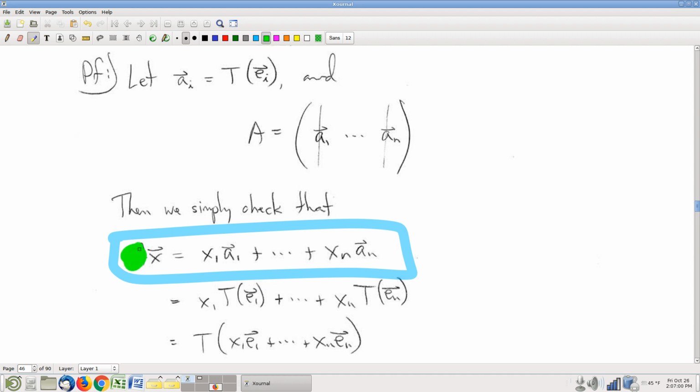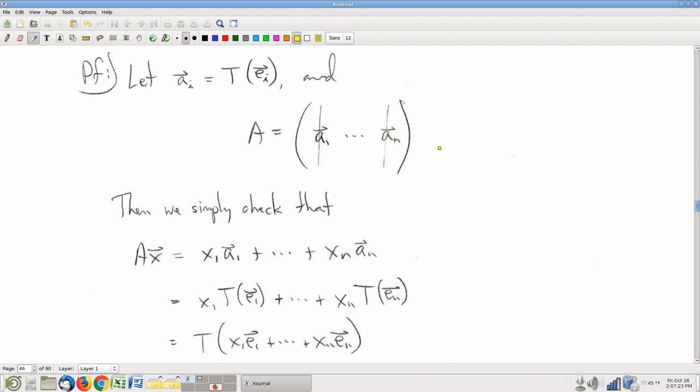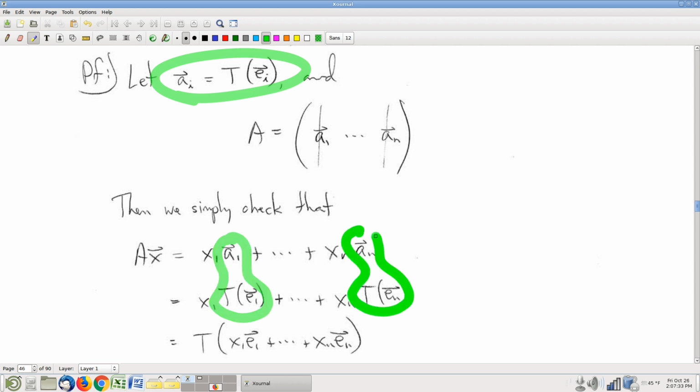A matrix with columns like that, you multiply by taking the appropriate linear combination, with coefficients from the vector, of the columns of the matrix. That's from chapter 1. So that's the first step. Don't forget, by our construction, the columns are the images of the basis vectors. That was our choice.